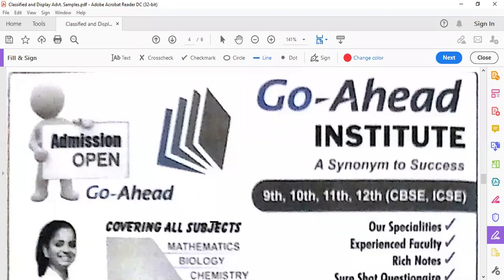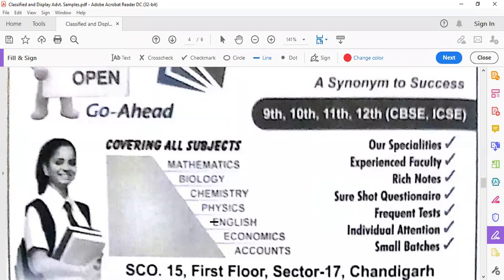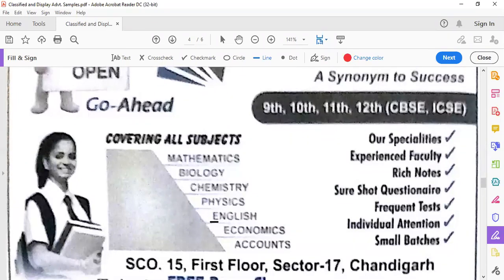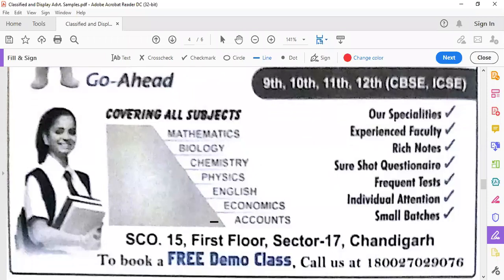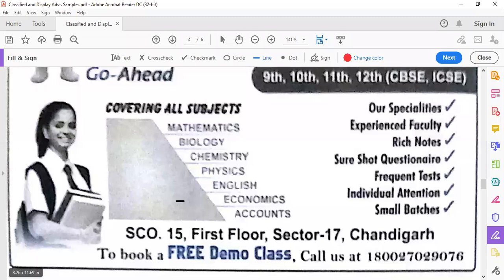covering all subjects. Then they have given their features: mathematics, biology, chemistry, physics, English, economics, accounts, and a picture is also given of one student with the books. Our specialties: see how they are writing in points. Again, no sentence is there and you need not write any sentence.